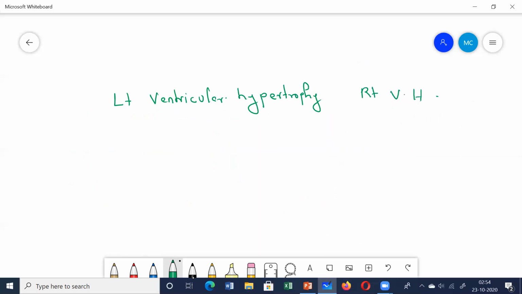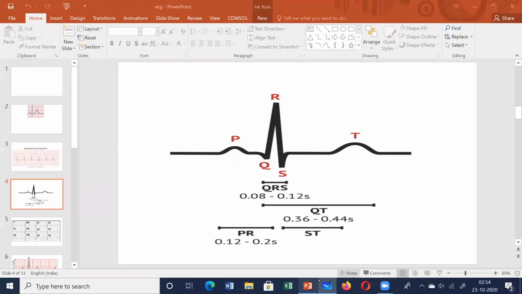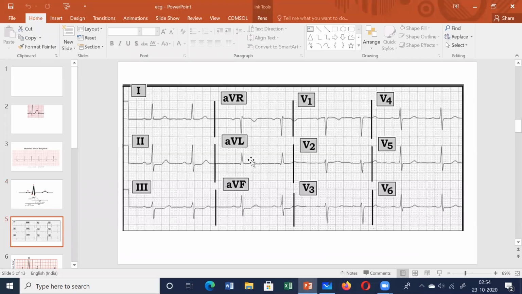Let us first look at left ventricular hypertrophy. Let me again take out the ECG. Yes, look at this ECG. I have already discussed the different leads. These are your limb leads, these are your augmented leads, these are your chest leads.